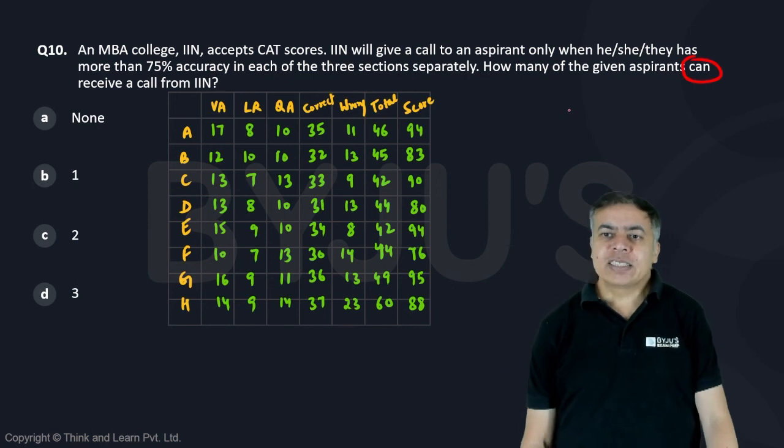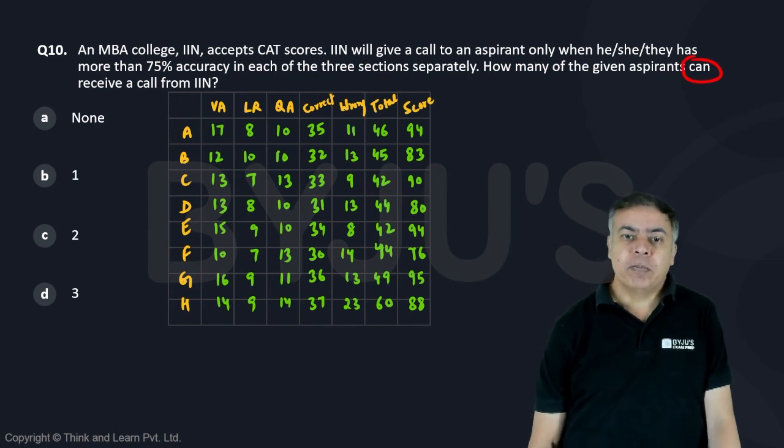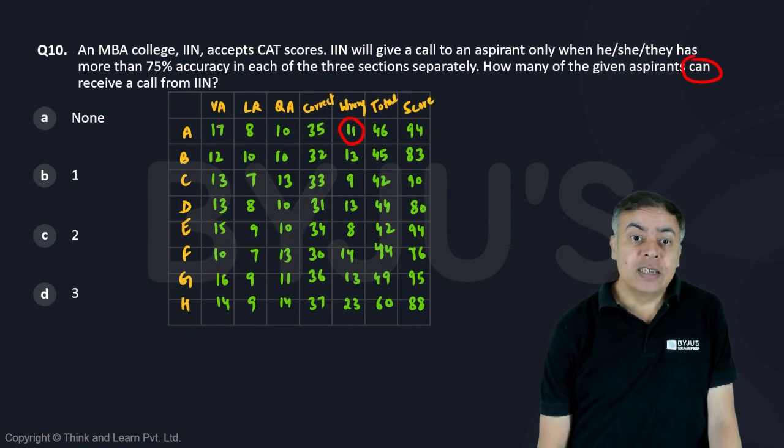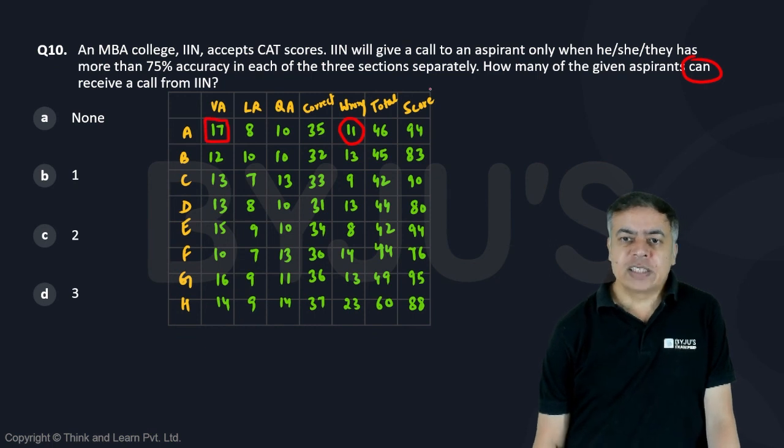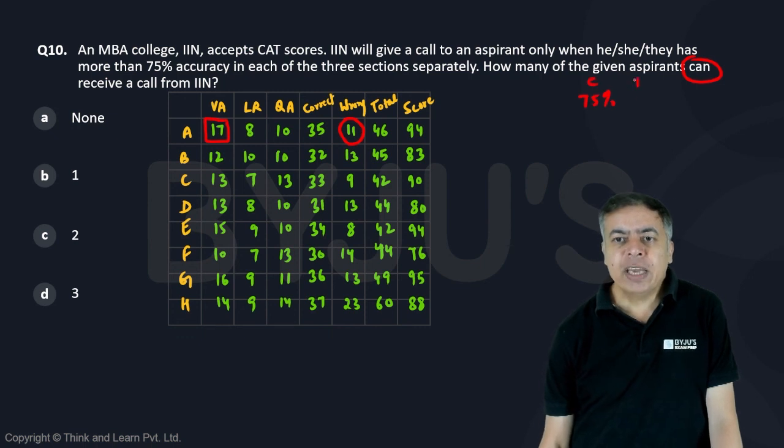Now to make it possible, because I have 11 wrong here and I want 75% accuracy or more, look at this: if I want 75% correct, the maximum incorrect can be 25%.